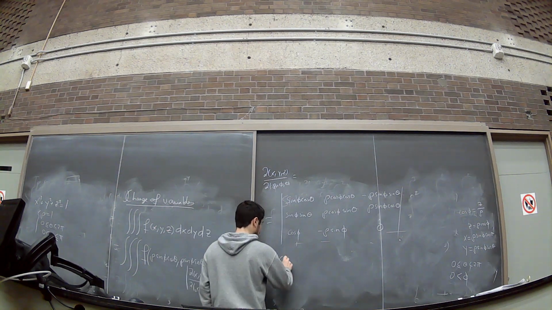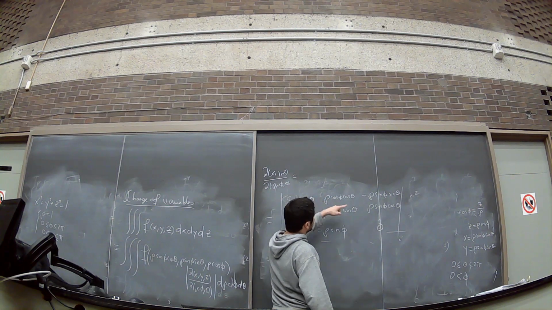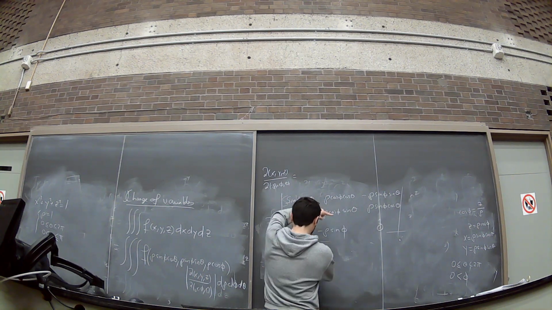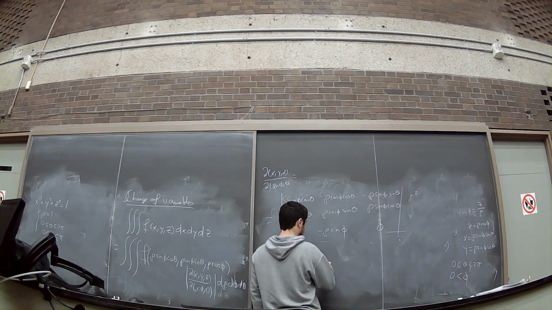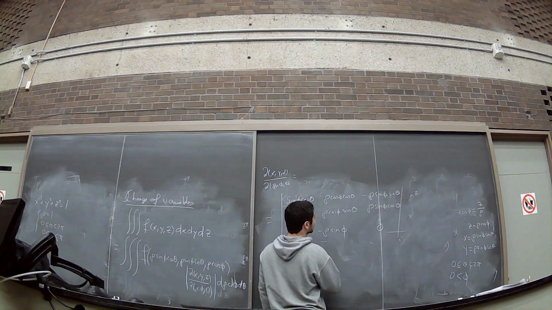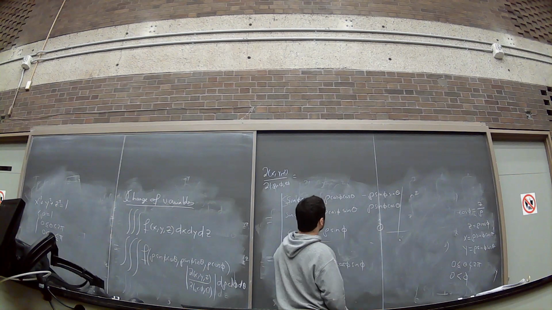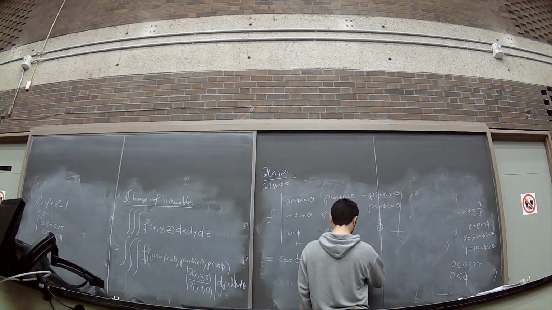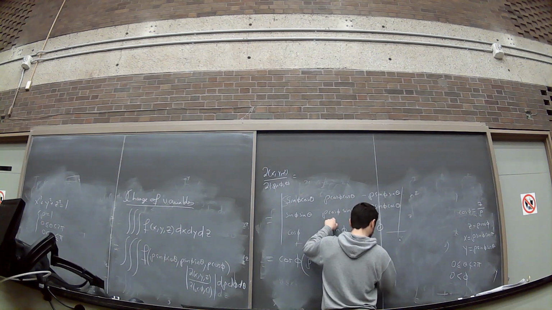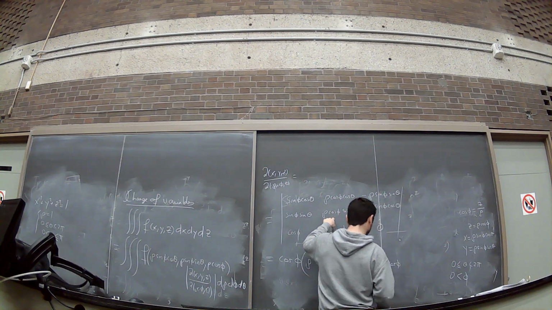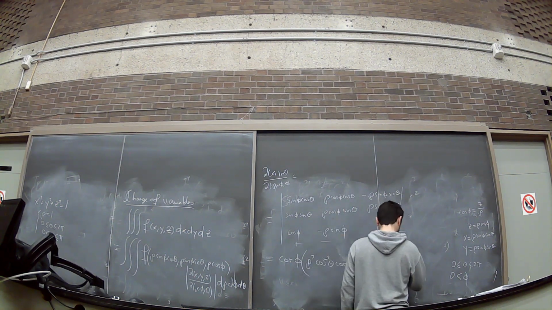You get cos phi times rho squared cos squared theta cos phi sin phi, plus rho squared sin phi cos phi sin squared theta, right?